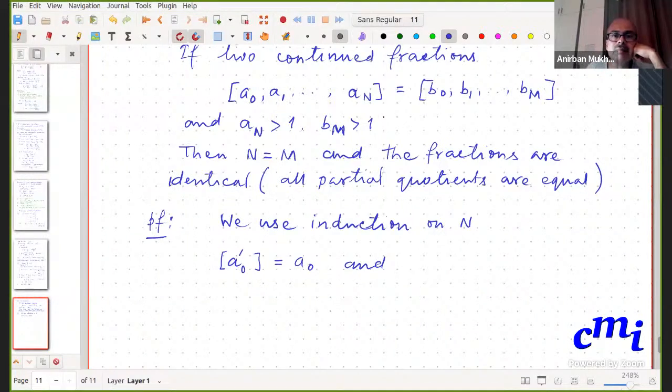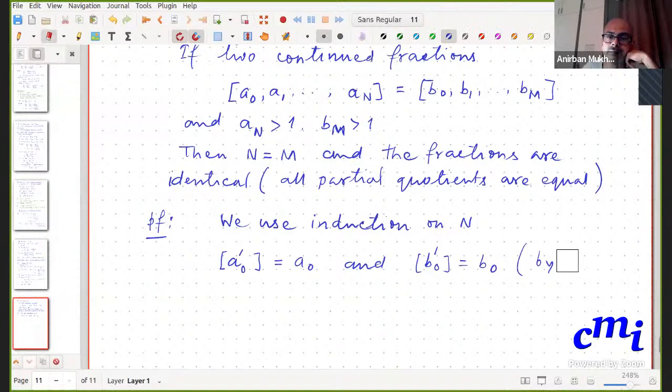And similarly, for this other expansion, B naught dash is also going to give us B naught. So this is by the last theorem. But now observe that the expansions we wrote down in the beginning is the same as this A naught dash.